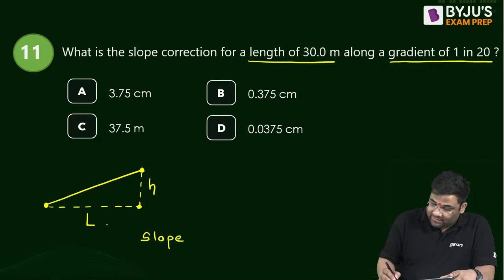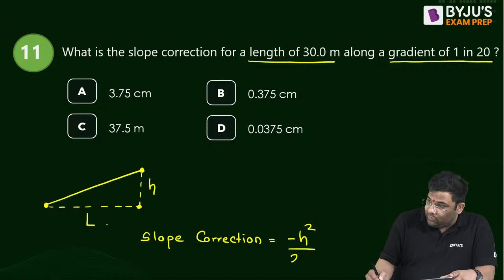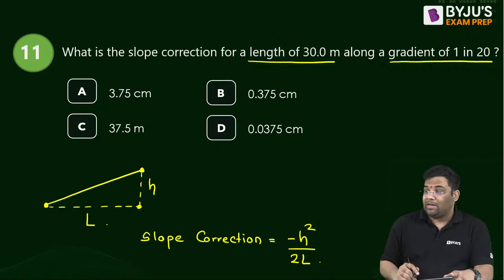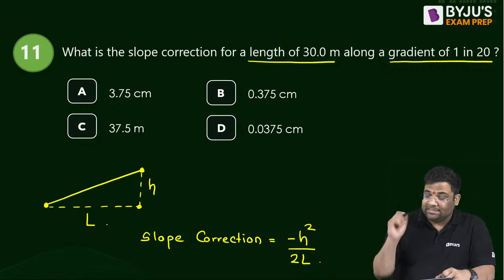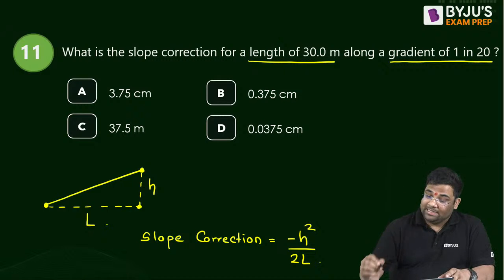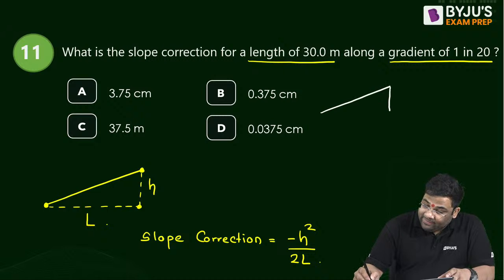The slope correction is minus h square by 2L. Now we have to somehow find this h and L. What is written here? A measured distance, a length of 30 meter.